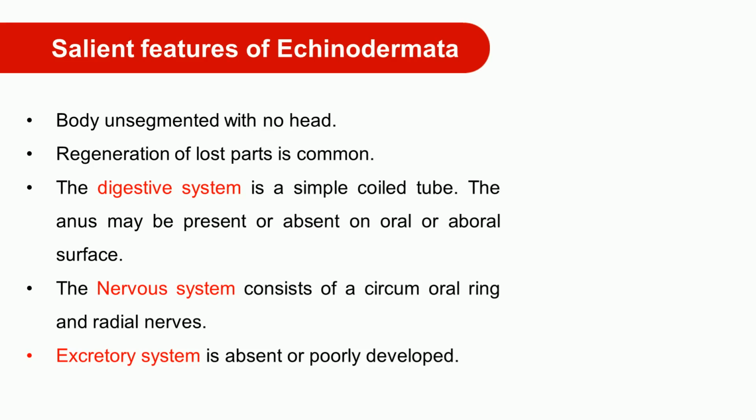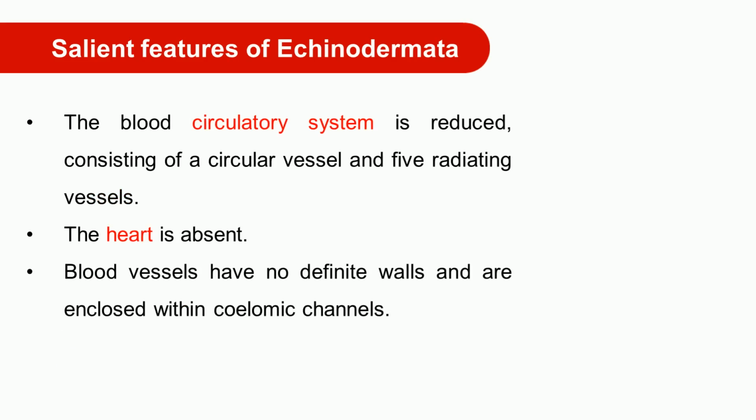In that animal, the excretory system is fully absent, or sometimes poorly developed. Then in these echinoderm animals, the blood circulatory system is reduced. It consists of circular vessels and five radiating vessels, which function as the circulatory mechanism.